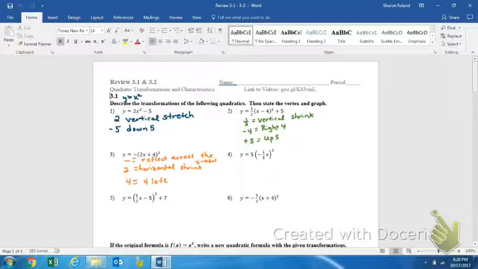You have 3 things on this one. You have a 5, you have the negative, and you have the 1/3. The 5 is in front of the function, so it is a vertical stretch. The negative is inside the function, so it's going to reflect across the y-axis this time.